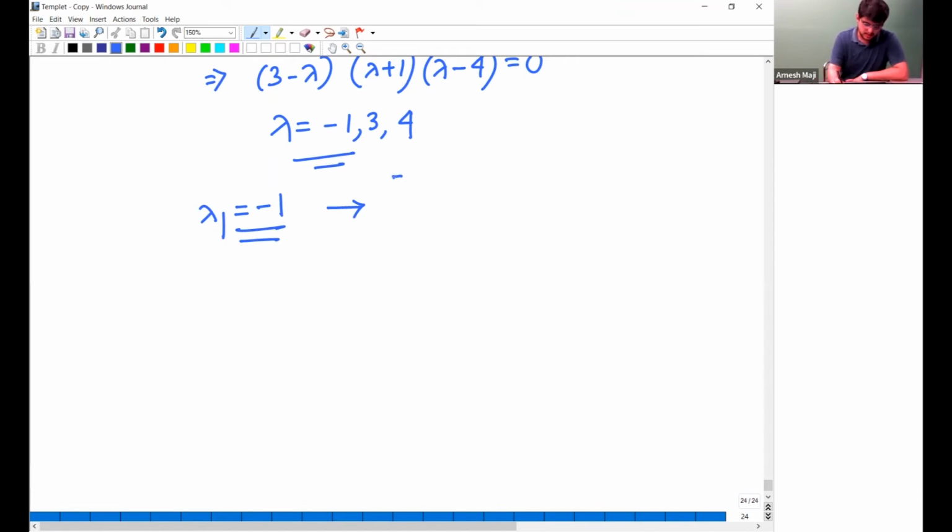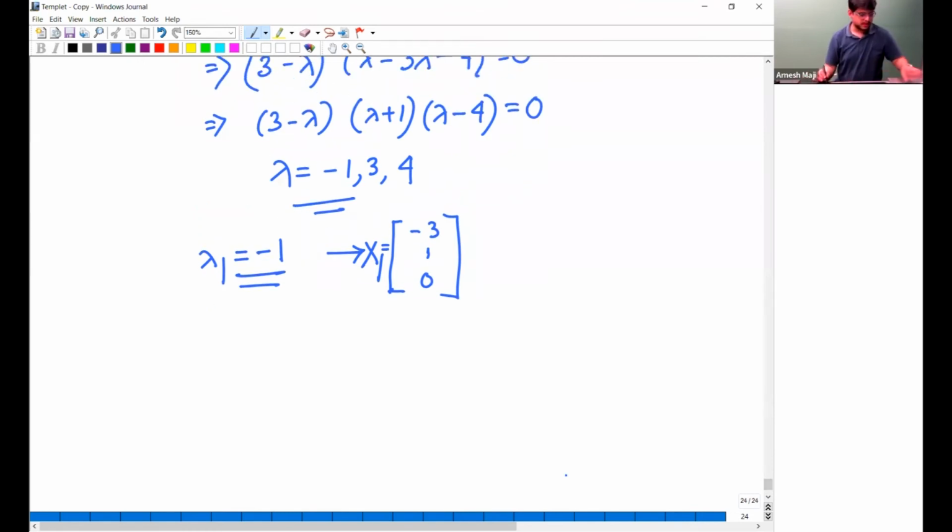You can try them on your own. The eigenvector corresponding to the eigenvalue lambda equal to -1 will be -3, 1, 0.